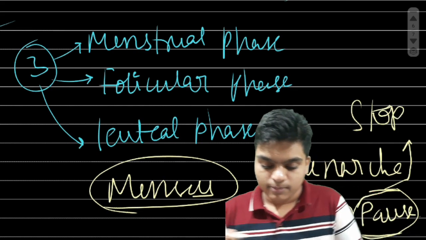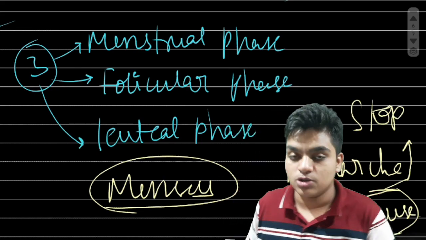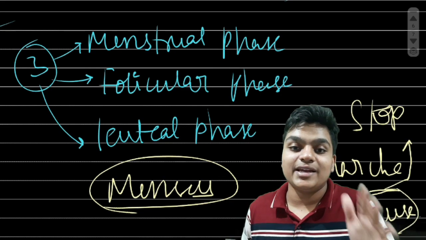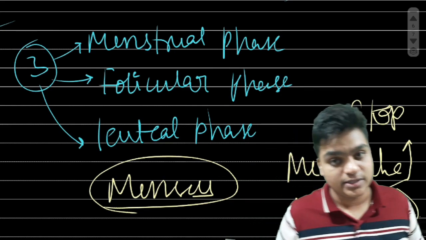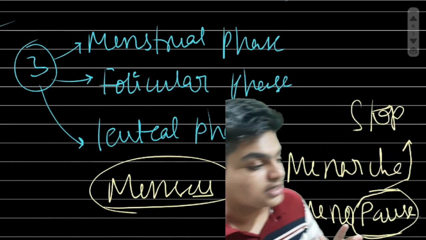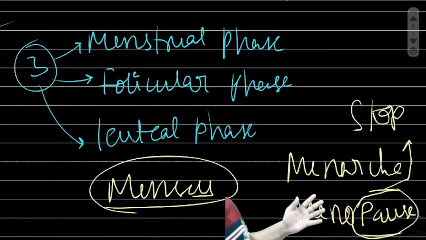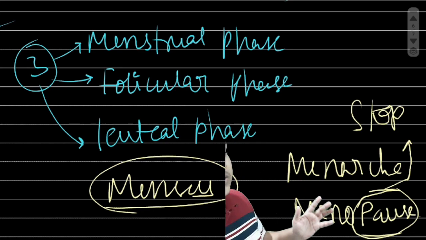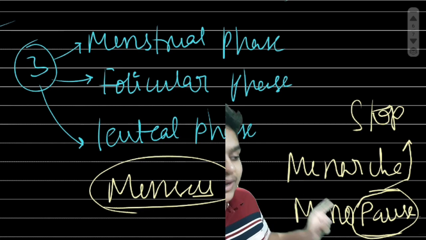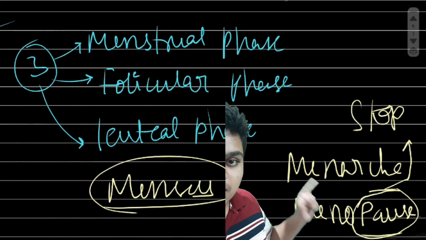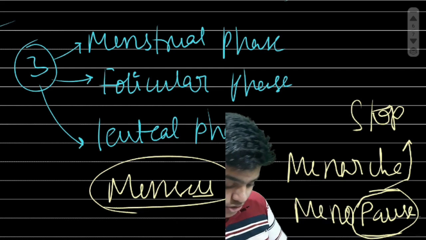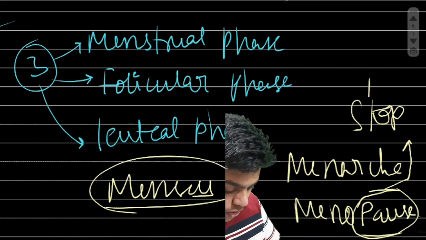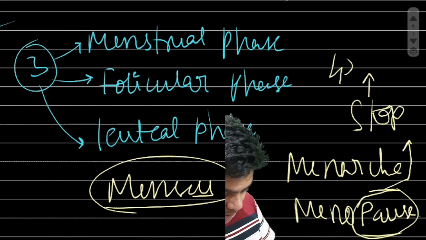Pause means stop. Menopause means the menstrual cycle stops at that point. When menopause occurs, no menstrual cycle is taking place. Menopause in females generally occurs during the age of 45 to 50 years.